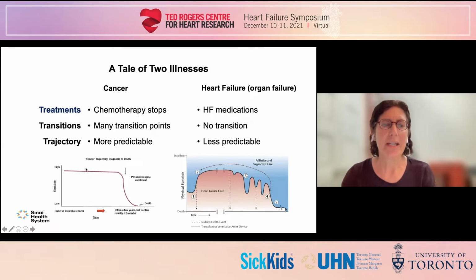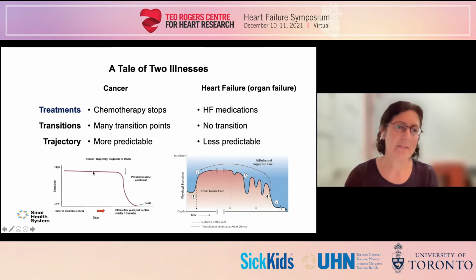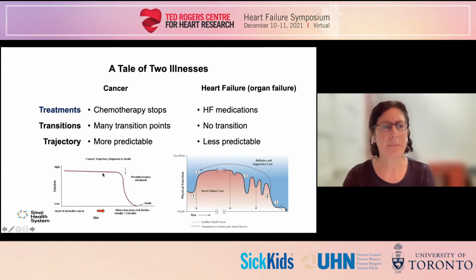In oncology, there's generally a stretch of quite stable, feeling fairly well, going back and forth, getting oncologic treatments, whether that's IV chemotherapy or pill or immunotherapy. And in order to continue that therapy, you have to maintain a certain functional status, so you're fairly well. When things change and people start approaching end of life, it tends to be a fairly predictable decline at that point.